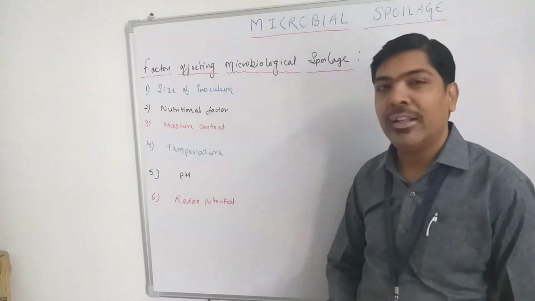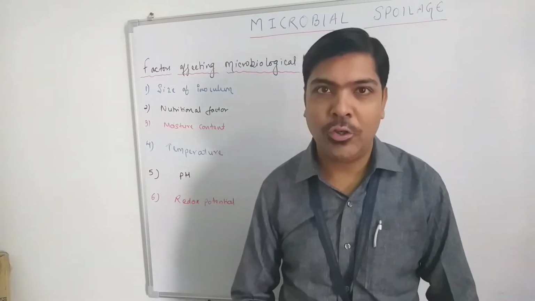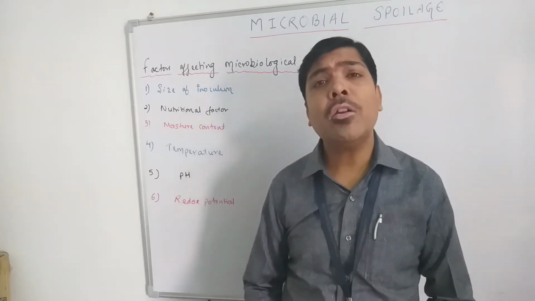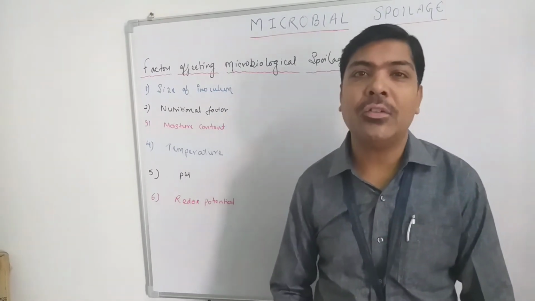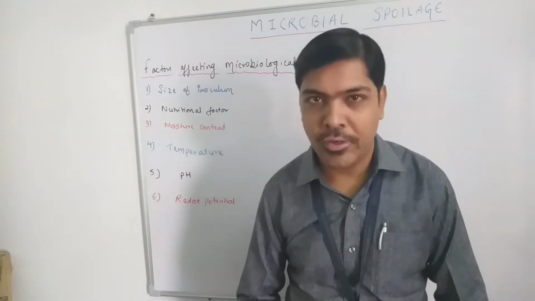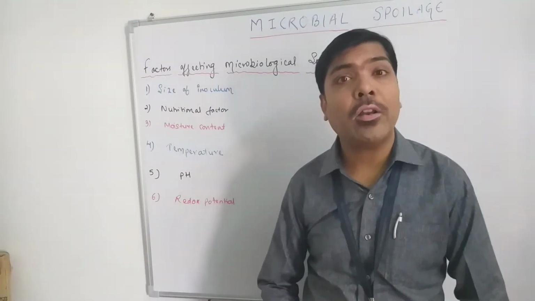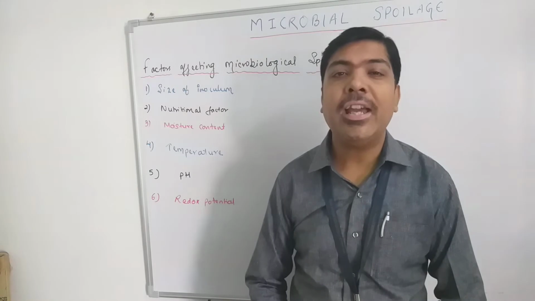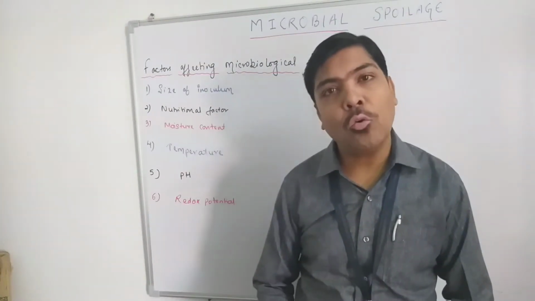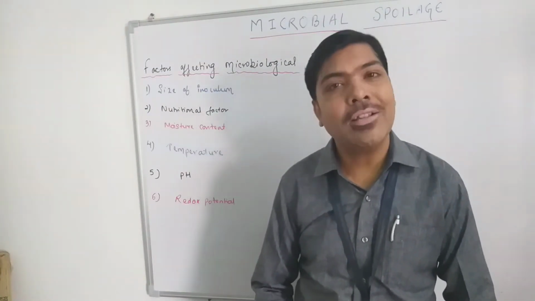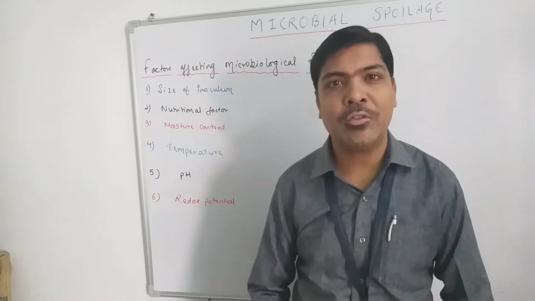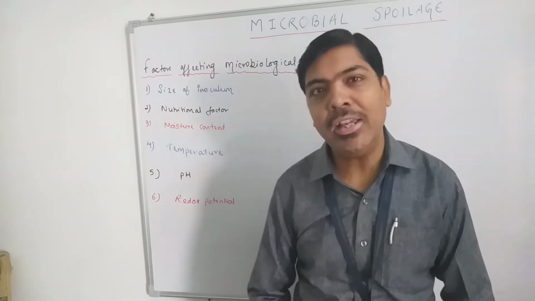Now the first factor is the size of the inoculum, that is, the number of microorganisms available in the pharmaceutical product. If the number of microorganisms is very small, then the growth will be very small and the chances of spoilage of the pharmaceutical product will again be very small.